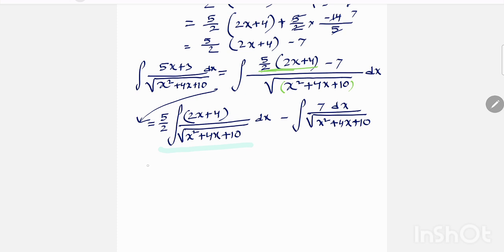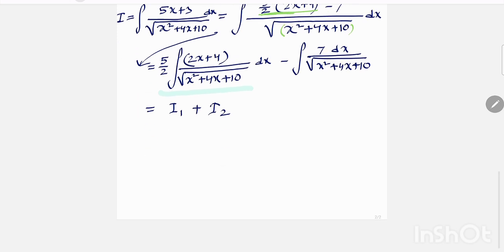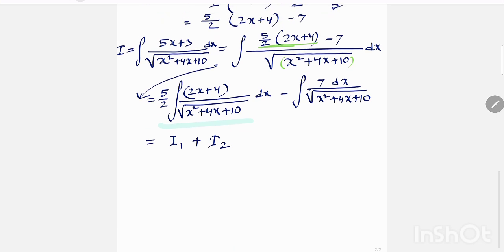So the whole integral is I, this first one is I1, and this one is I2. Now our I1 is 5 by 2 integration of 2x plus 4 over root over x square plus 4x plus 10.